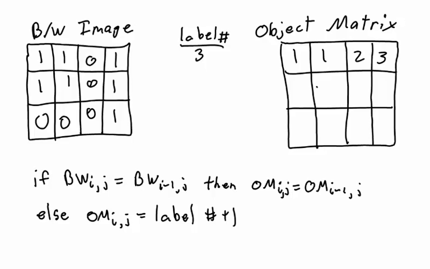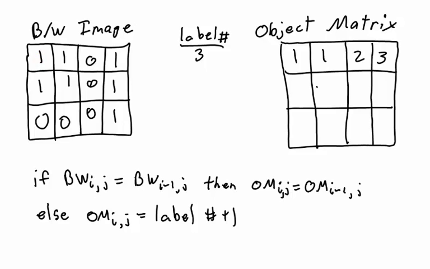So in my object matrix, I go to the next element in the first column, and I see that the black-white image value is the same as the last black-white image value in the last row. Because these values are the same, the object matrix value should be the same also.